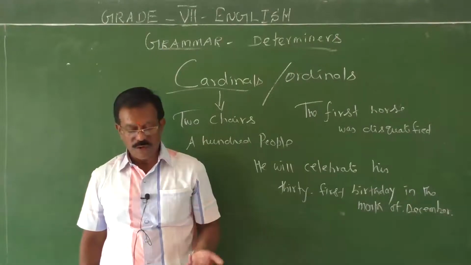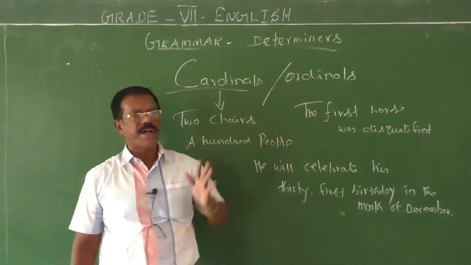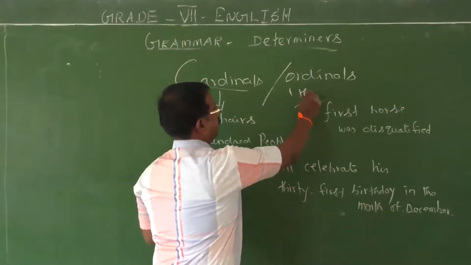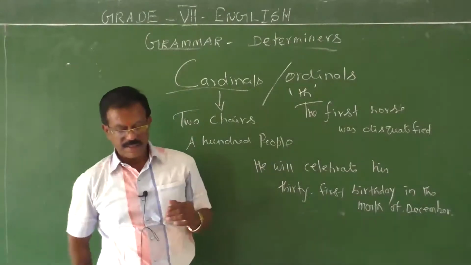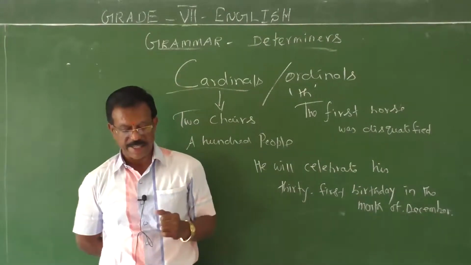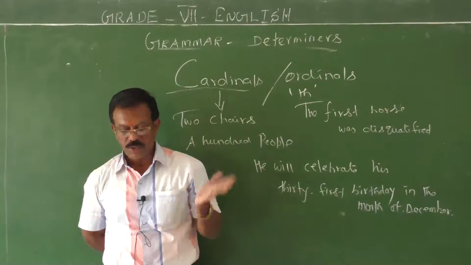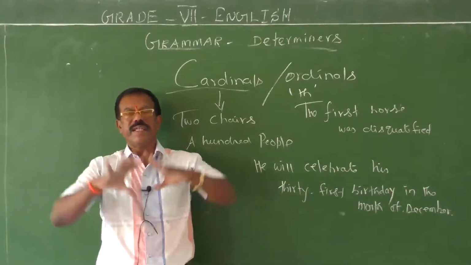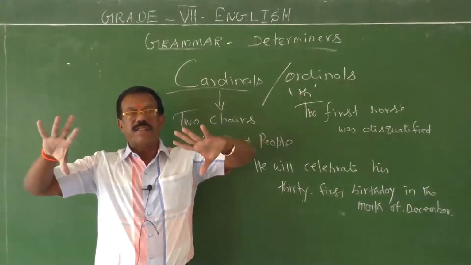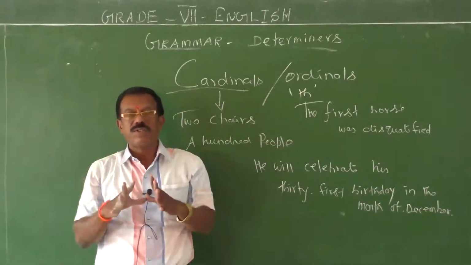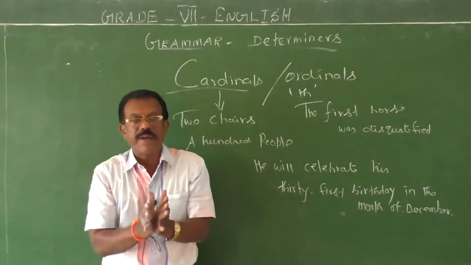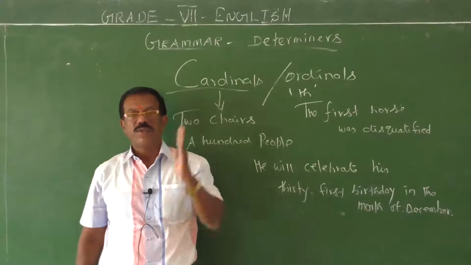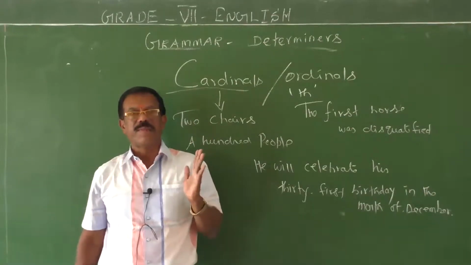So how can we form ordinals? By adding th to a cardinal number. So far you have learned determiners in detail. Determiners are called so because they determine the meaning of the nouns before which they are used. So we have different kinds of determiners.